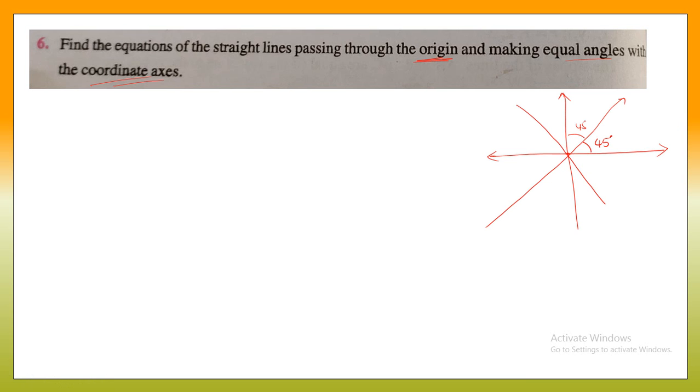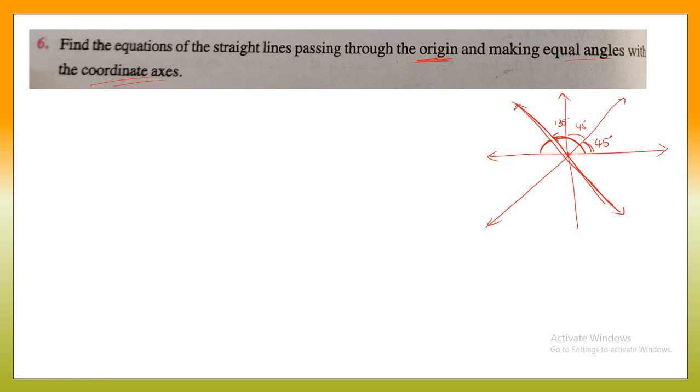So this is one such line which passes through the origin and makes an equal angle with both coordinate axes, and at the same time this is one more line which is passing through the origin and making equal angles with the coordinate axes, right? So there are 2 such lines. Based on this, this angle is equal to 135 degrees. So here also 45 degrees and 45 degrees, right?